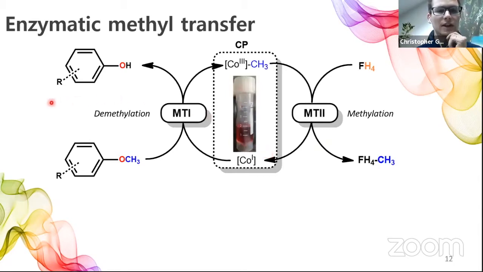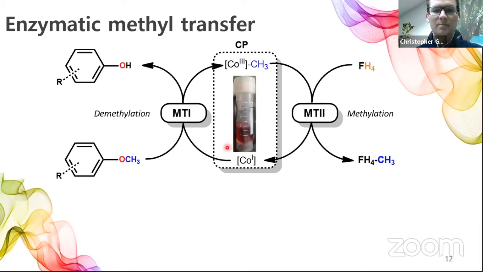And in nature, how can these cobalamin-dependent transferases do the reaction? There's a complex reaction mechanism. First of all, we have two methyltransferases, MT1 and MT2, as well as the carrier protein, which is loaded with cobalamin or methylcobalamin, shown here in this picture, which has a really nice red color.